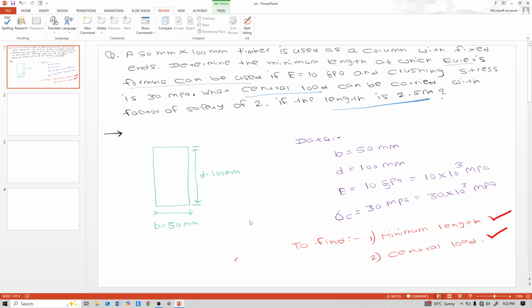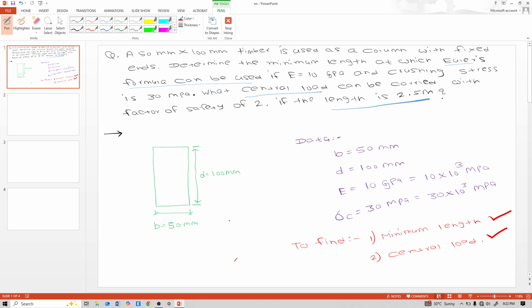Now second is the central load, which can be carried with factor of safety 2 and effective length is 2.5 meter. I told you central load means the buckling load formula, PCR is equal to pi square EI upon L square.